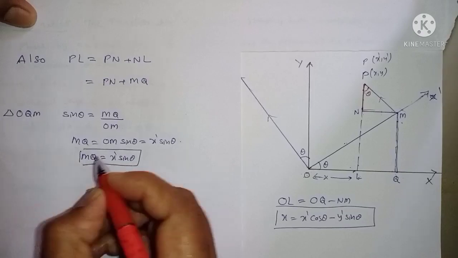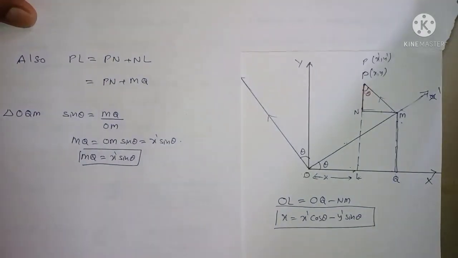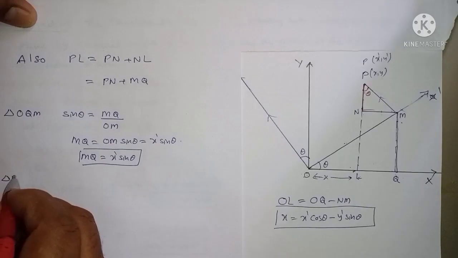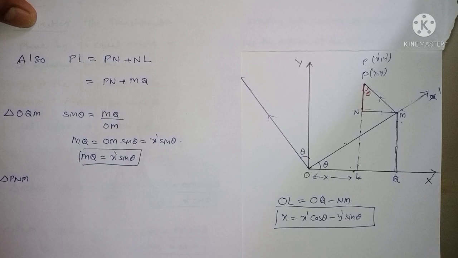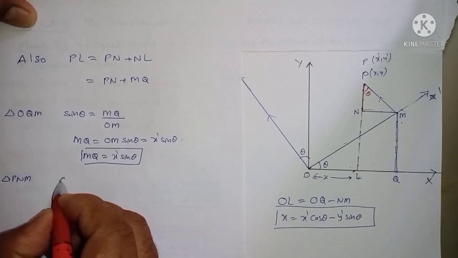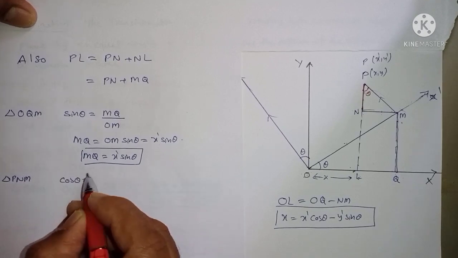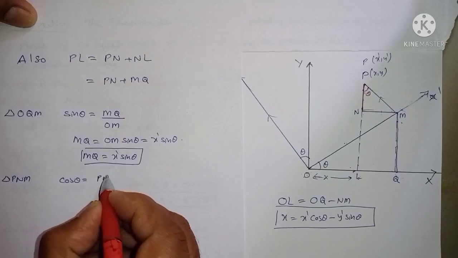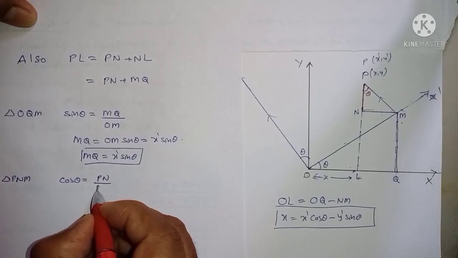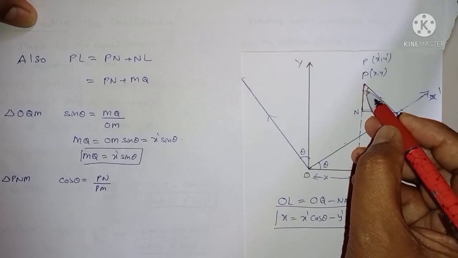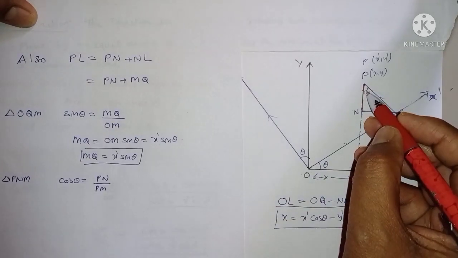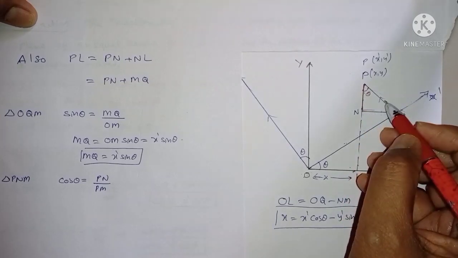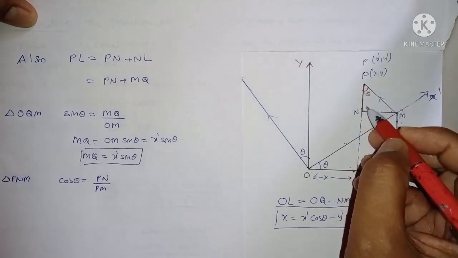Similarly you can find the PN value in triangle PNM also. You can take the two triangles only. Therefore cos theta is equal to PN by PM, adjacent by hypotenuse, where PM is the hypotenuse.